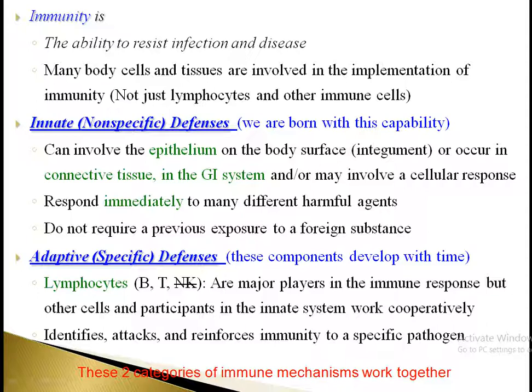But you must appreciate this point that these two types go together with each other; we can say they are working in parallel. As I have told you already, the inflammation process is just to defend against the harmful agent.